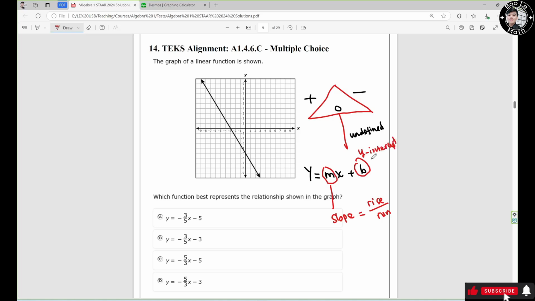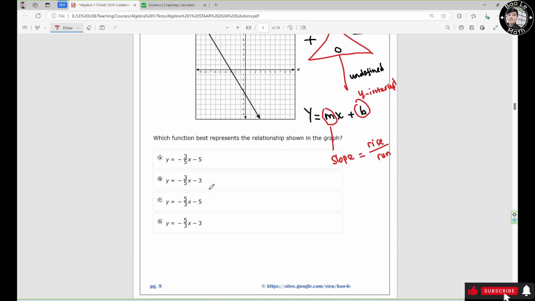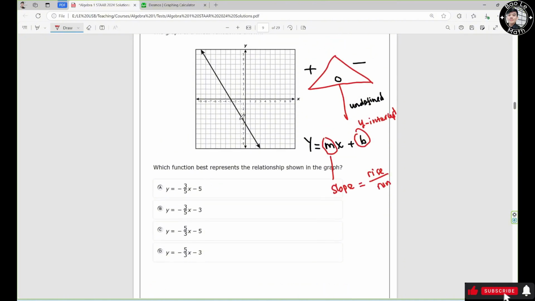Y-intercept is where the graph meets the y-axis. Alright, so you look at this one right here. The y-intercept is -5 right here. Right, so you need to eliminate two wrong answers, which are B and D. Right, now you need to check for the slope.